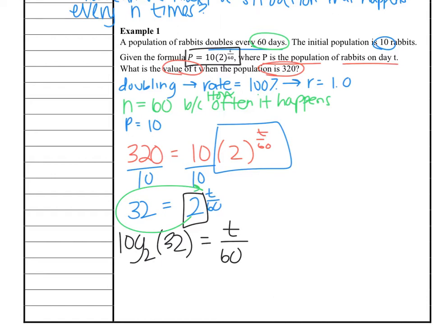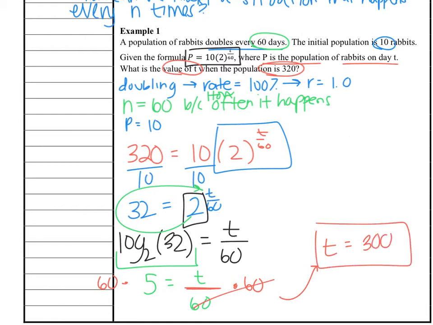So now I type in log base 2 of 32, and we end up getting 5 equal to t over 60. And of course, to solve for t, we just have to undo this division, so multiply by 60 on both sides. So then t equals 300. It will take 300 days for the population to reach 320 rabbits. Flip it over so we can see another example.